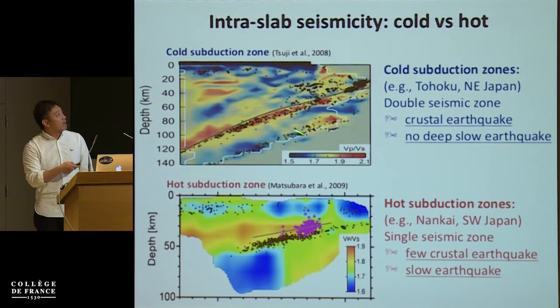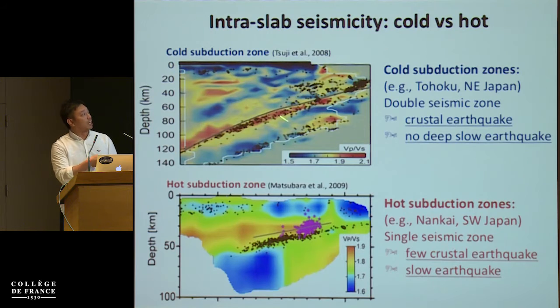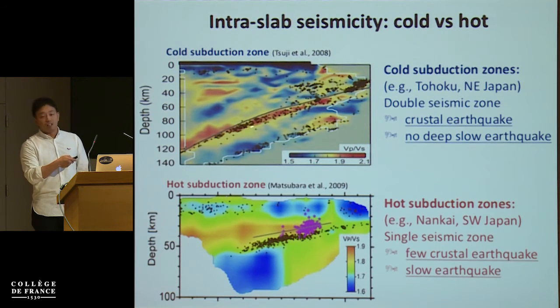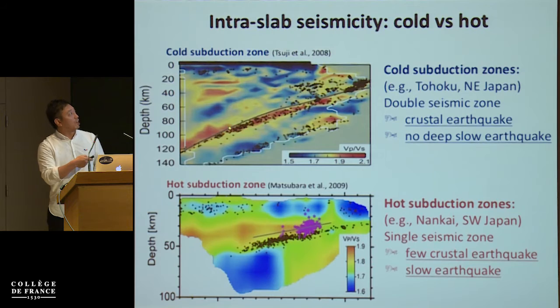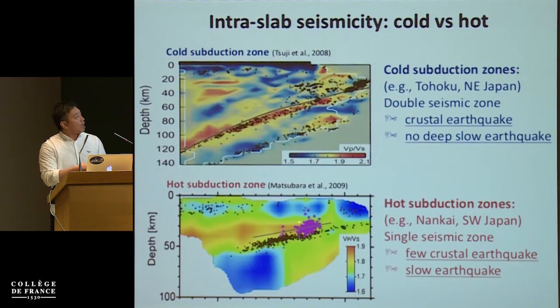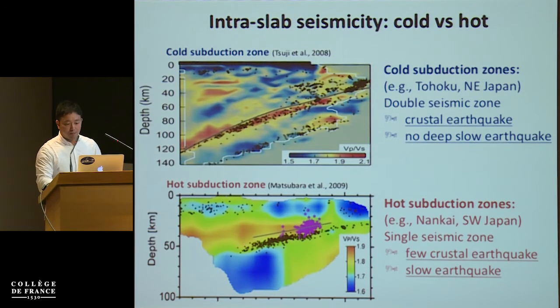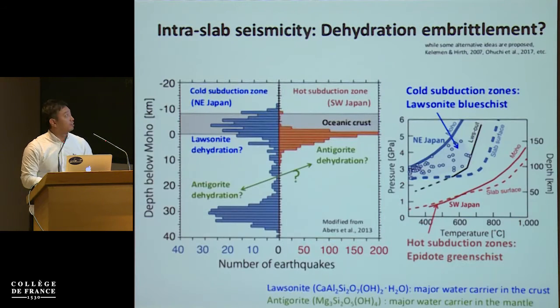At a cold subduction zone we have double seismic zones, but we don't have any deep slow earthquakes somewhere around here. At a hot subduction zone we have deep slow earthquakes here, and a single seismic zone.